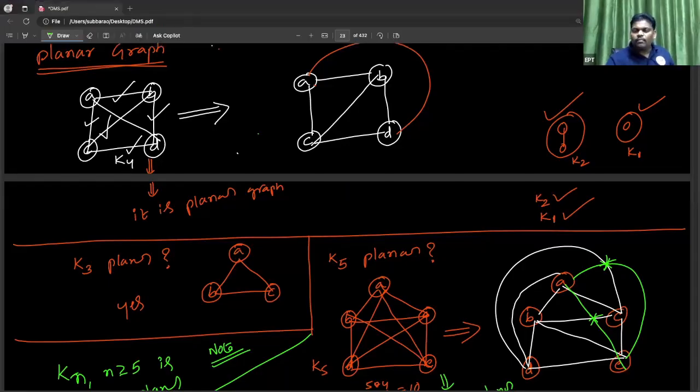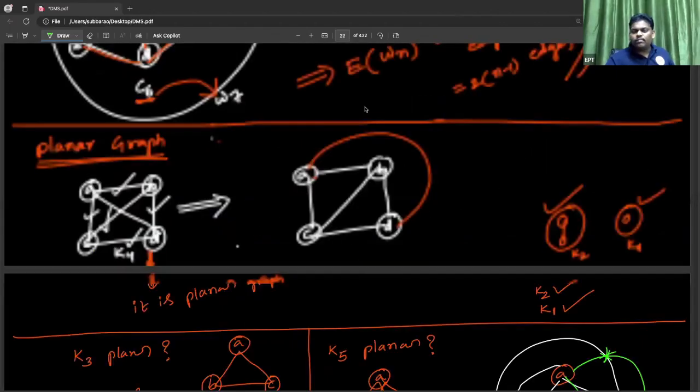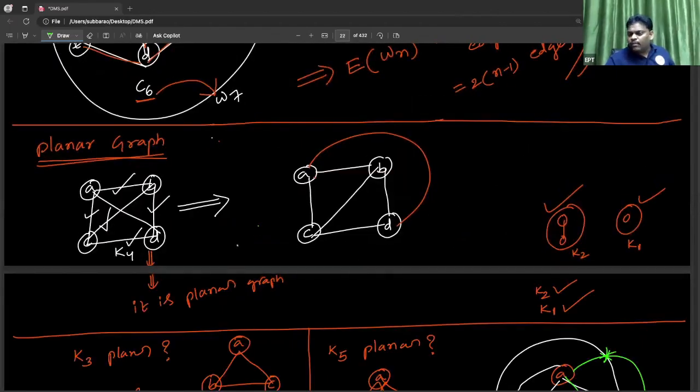I see in our group one person's notes have boxes, and whatever way I write the boxes, he is also writing boxes only.